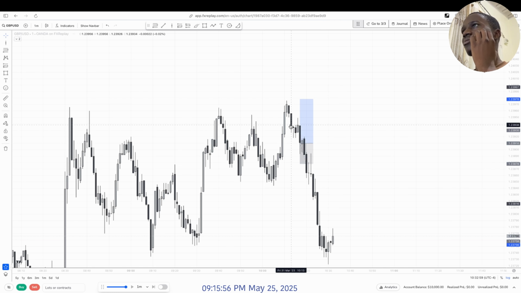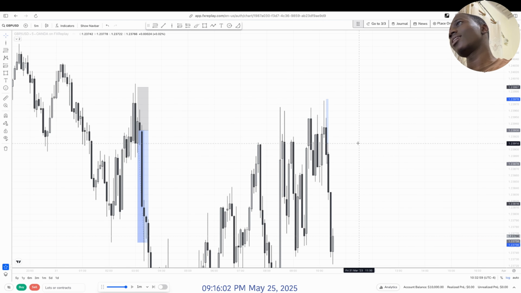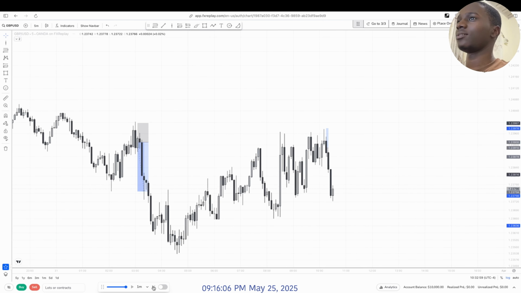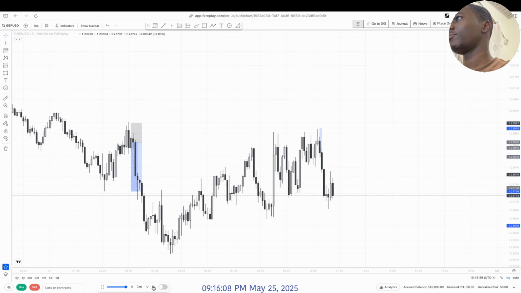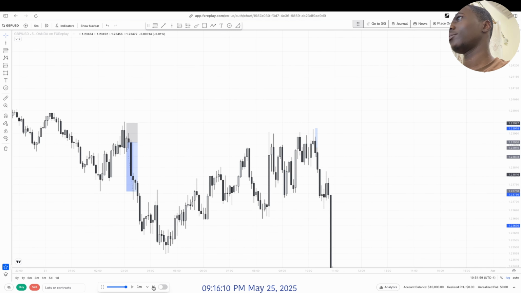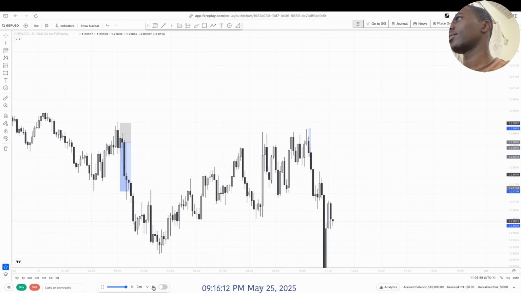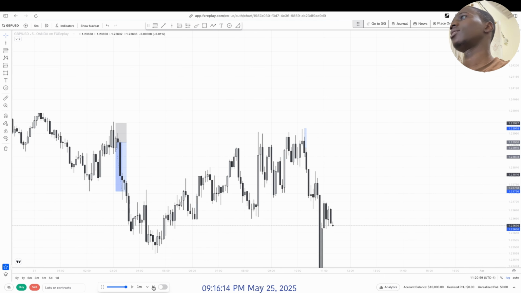By the way, this was the first one found. Wait, no, this one was the first one. And on the 5 minute, yeah, no entry. But let's see, did the 5 minute provide a retracement to the first one? And no, it didn't.